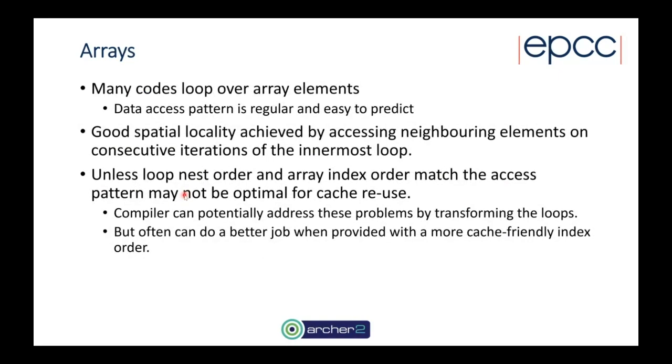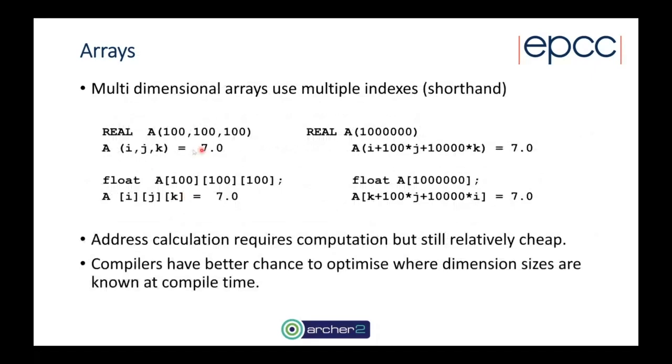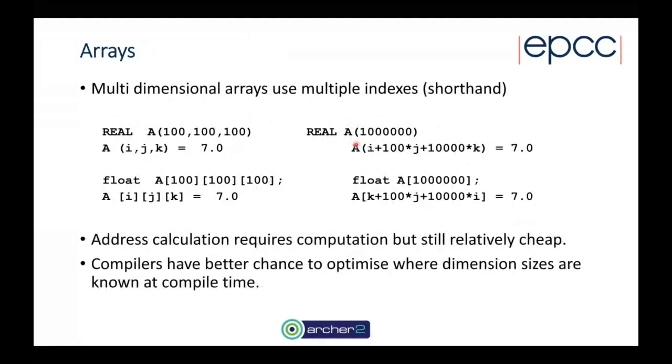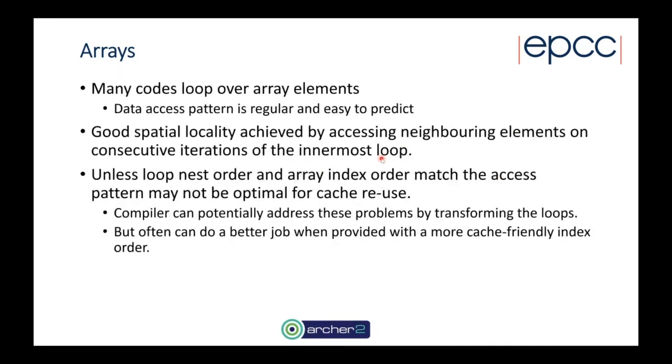The big thing that you need to care about is data locality and data access patterns. So what you want is your loop, and this is particularly important for multi-dimensional arrays, so arrays like these here where we've got nested dimensions of arrays, or single dimensional arrays like this where we're accessing it as if it was a multi-dimensional array.